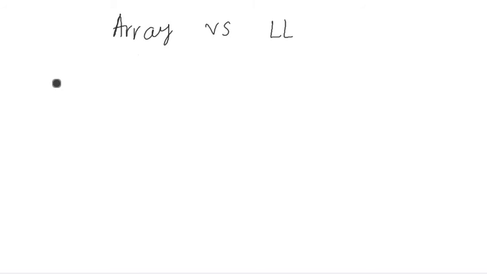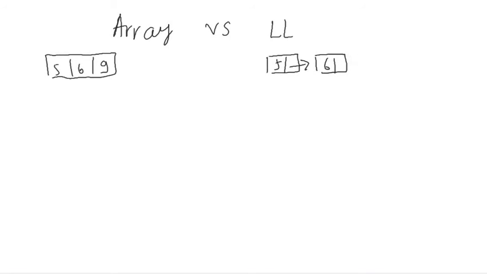Okay, so the second difference is in their space allocation or space complexity. So for example, if we take an array of integers, 5, 6, 9, and a linked list 5, 6, and 9.